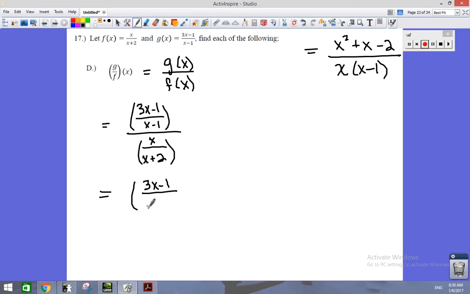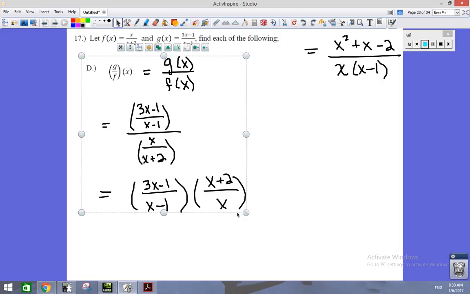If I take the reciprocal of my divisor, if I flip this bottom fraction, x plus 2 over x, I think you're beginning to see that we're going to get the same answer, right?